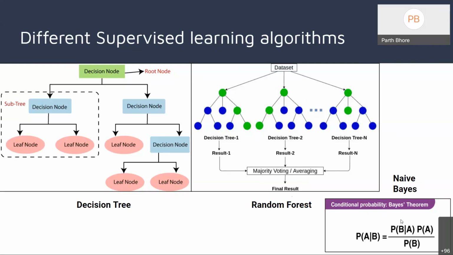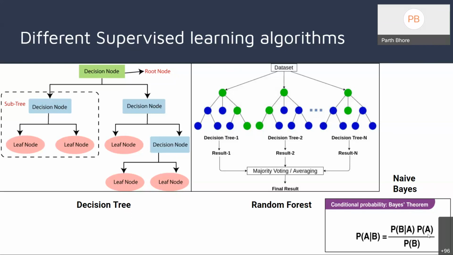And now third is the naive Bayes algorithm. The naive Bayes algorithm is based on the Bayes theorem. All of you must have learned about the Bayes theorem in class 12. Using the Bayes theorem of conditional probability, the different probabilities are calculated, and all the parameters are considered equal in the Naive Bayes algorithm.